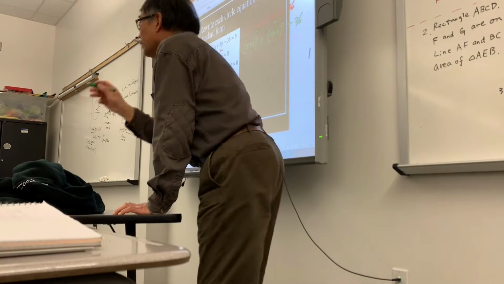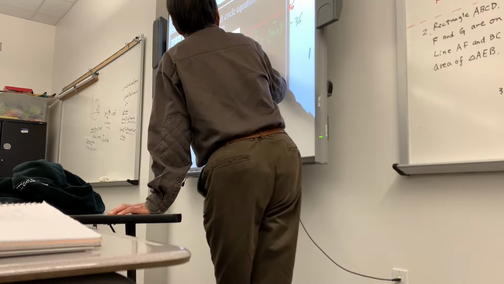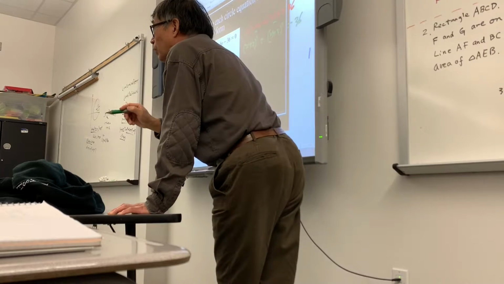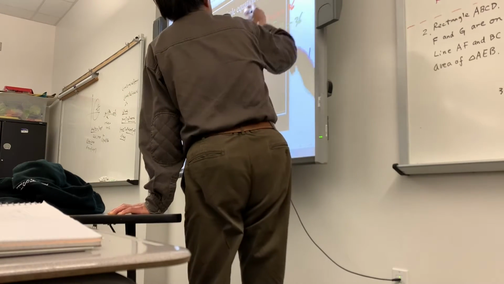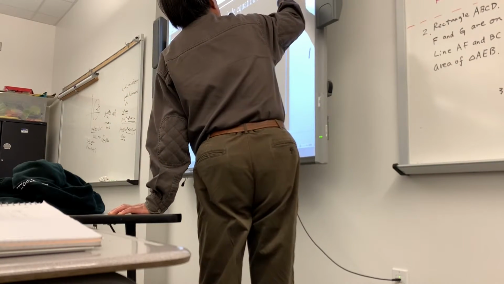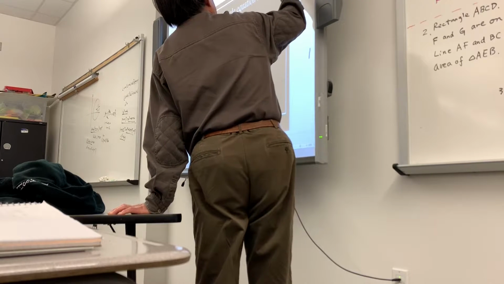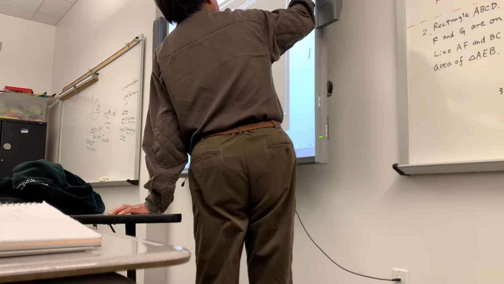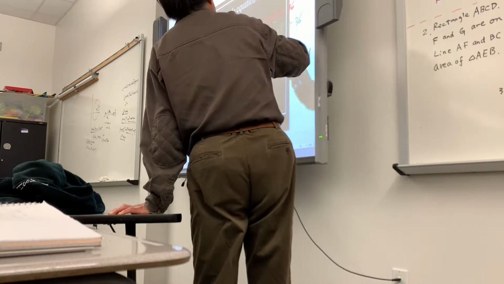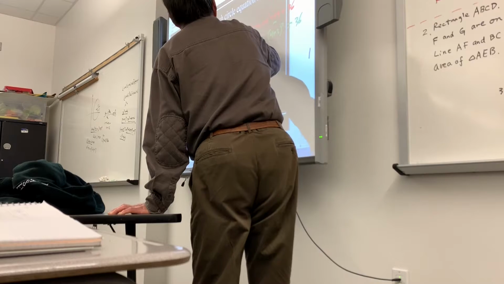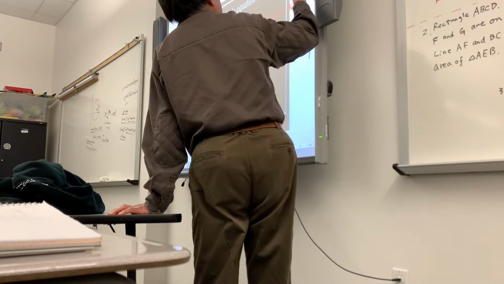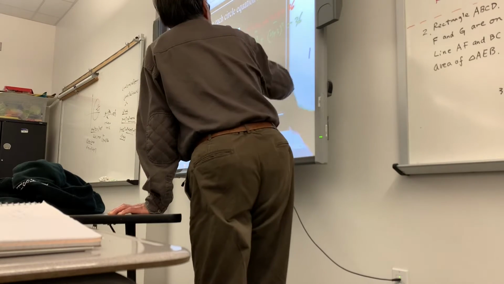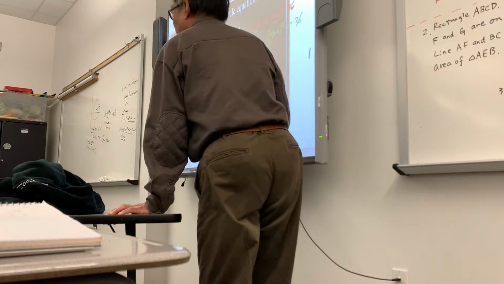Be careful. (x + 2)² and x² + 4x are not equal. What's the difference? (x + 2)² equals x² + 4x + 4. But the original question only has x² + 4x. So this 4 should be subtracted. So you subtract 4 here.